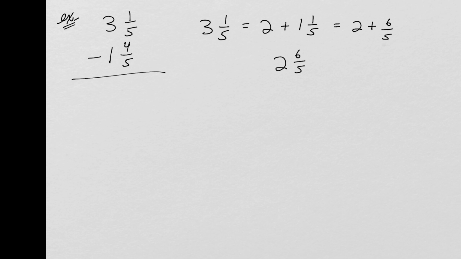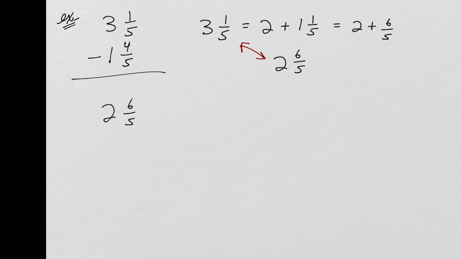Okay, so these are really the same. This is the proper way to write the mixed number, but we need to write it like this in this instance because we want to do our subtraction. Okay, so now this problem becomes 2 6/5, right?